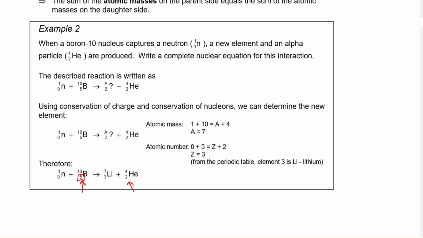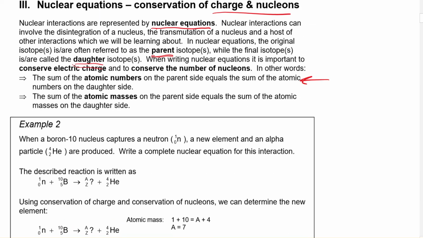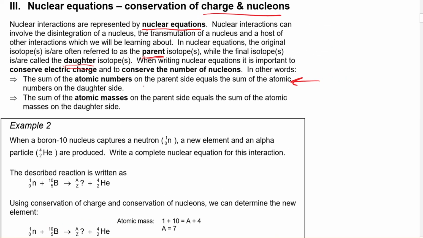The sum of the charges all stays the same. And that's pretty much all that's happening there. So this part here, the sum of the atomic numbers on the parent side equals the sum of the atomic numbers on the daughter side, is our conservation of charge.